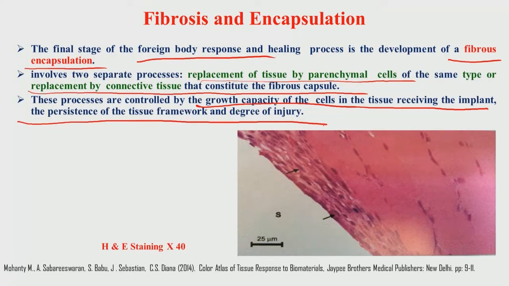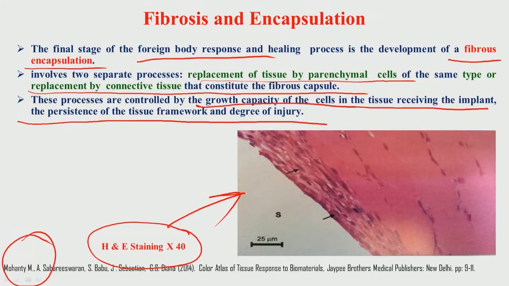So, this last example is again a hematoxylin and eosin stained image, taken from Meera Mohanty's book on the color atlas of tissue response to biomaterials, and you can see how different cells are well aligned in these sections on which the stains have been used, and this fibrous encapsulation can be confirmed from histological analysis itself.